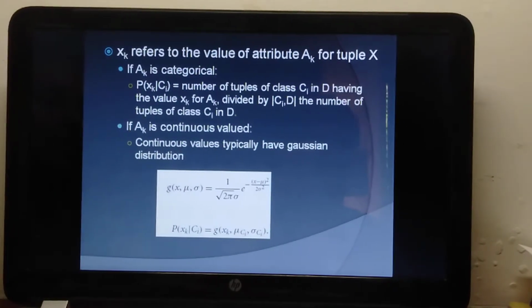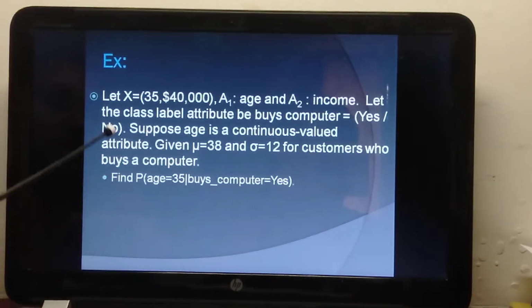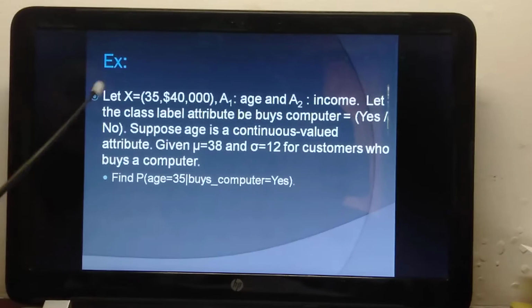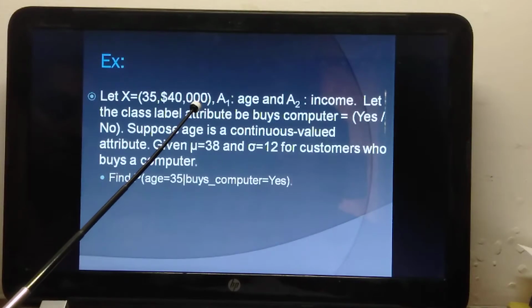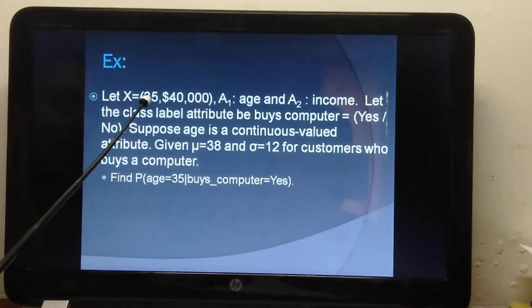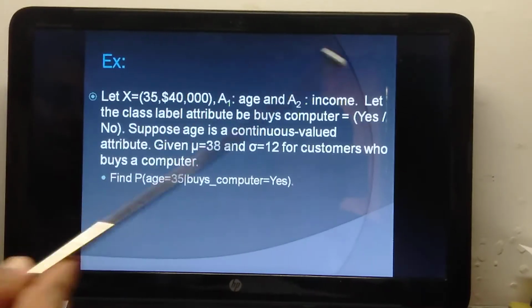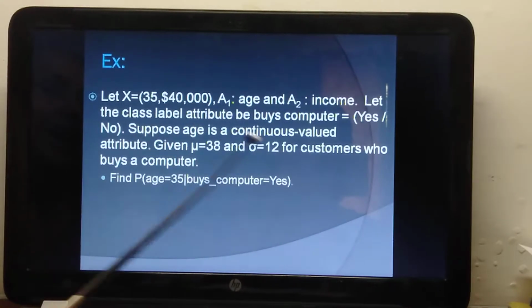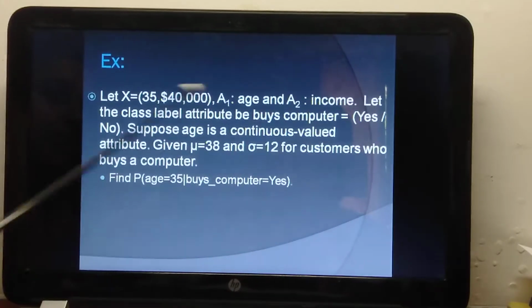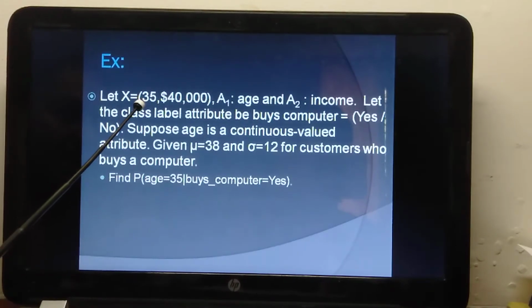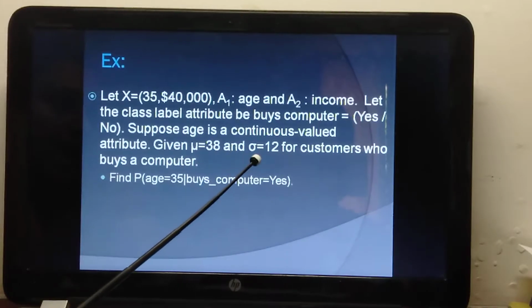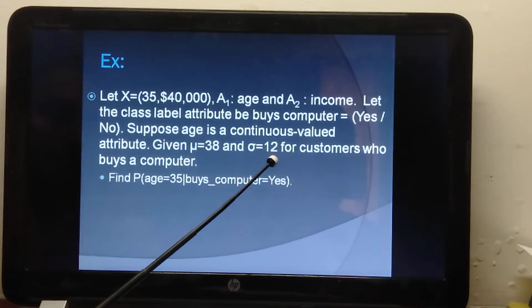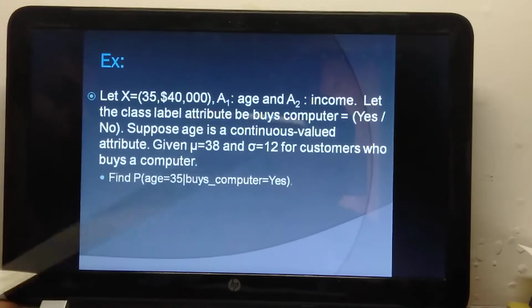Okay, and there is an example over here. Let X be equal to 35, 40,000, where the first is age and the second is income. Let the class label be yes. Suppose age is a continuous valued attribute, and we have already been given that the mean value of age is 38 and the standard deviation is 12 for customers who buy a computer.